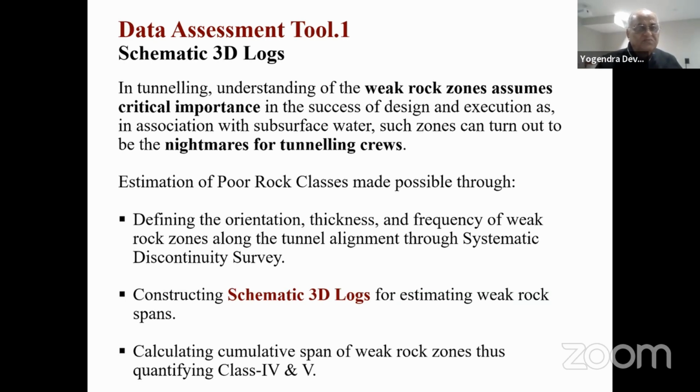So estimation of poor rock classes is made possible by defining the orientation, thickness, and frequency of weak rock zones along the tunnel alignment through systematic discontinuity survey, then constructing schematic 3D logs for estimating weak rock spans and calculating the cumulative span of weak rock zones, thus quantifying class 4 and class 5, which is a very difficult thing to do in a tunneling project.